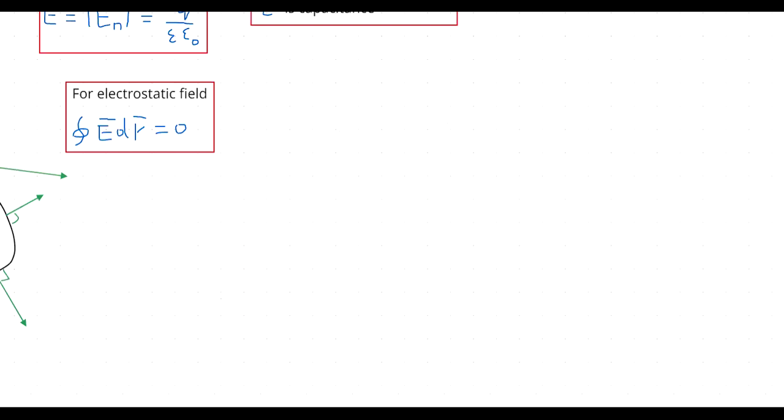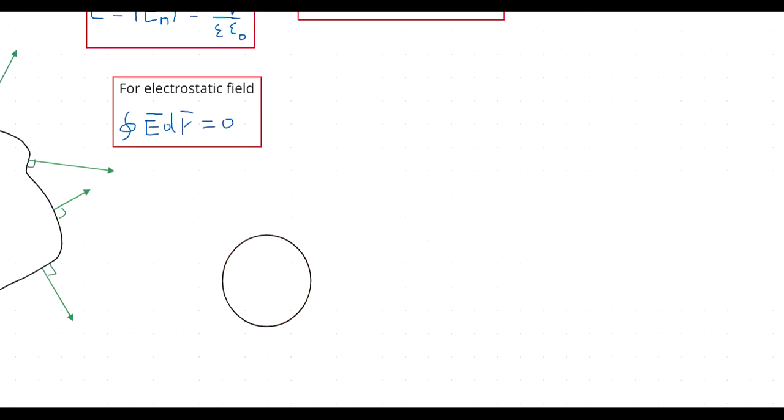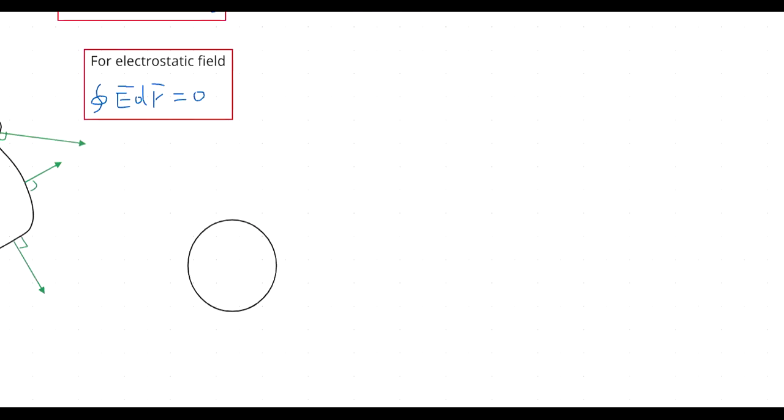I will draw this ball here like this, and let's imagine that there is some positive free charge on the surface of this ball, and according to our previous conclusions, this charge will produce an electrostatic field.